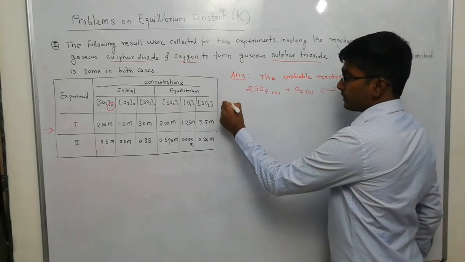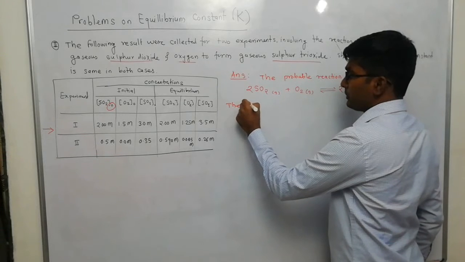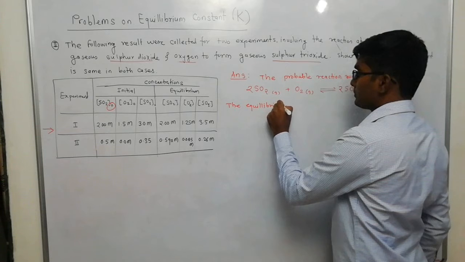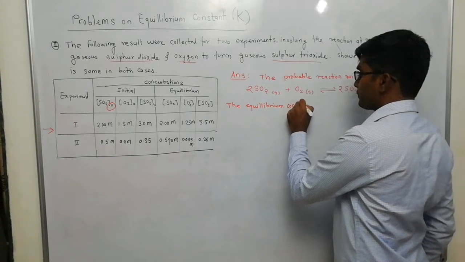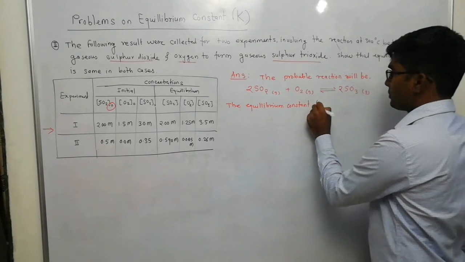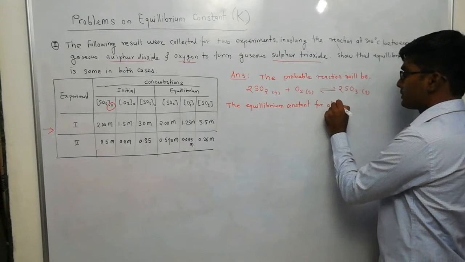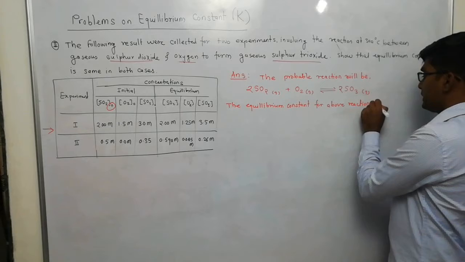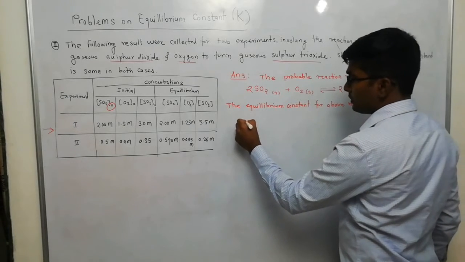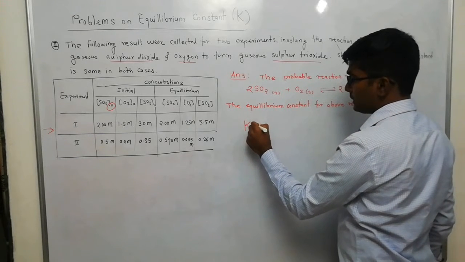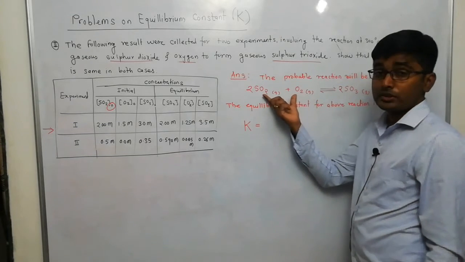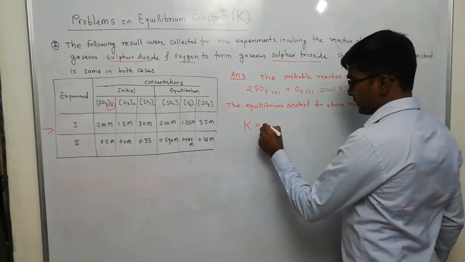So let us write the equilibrium constant for the above reaction. What is the formula? Capital K is equal to the concentration of products divided by the concentration of the reactants.